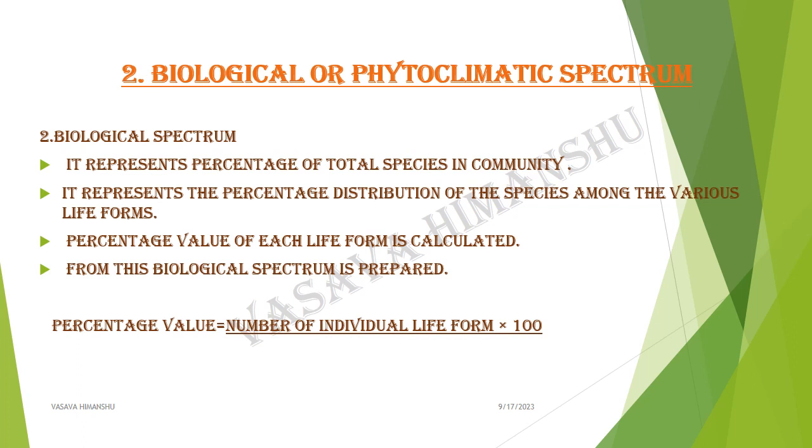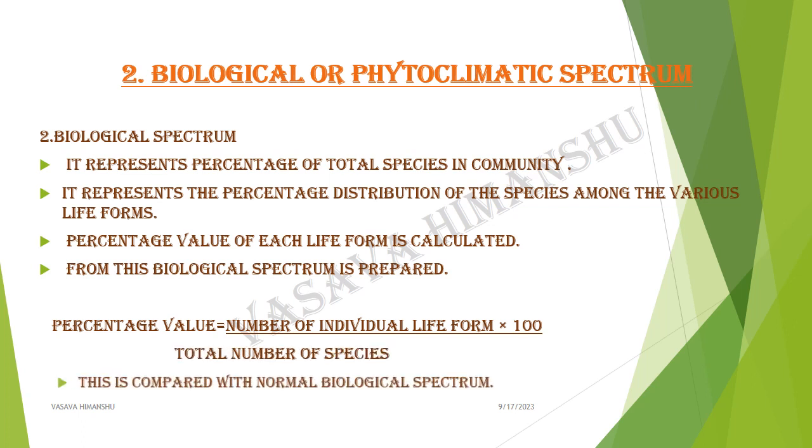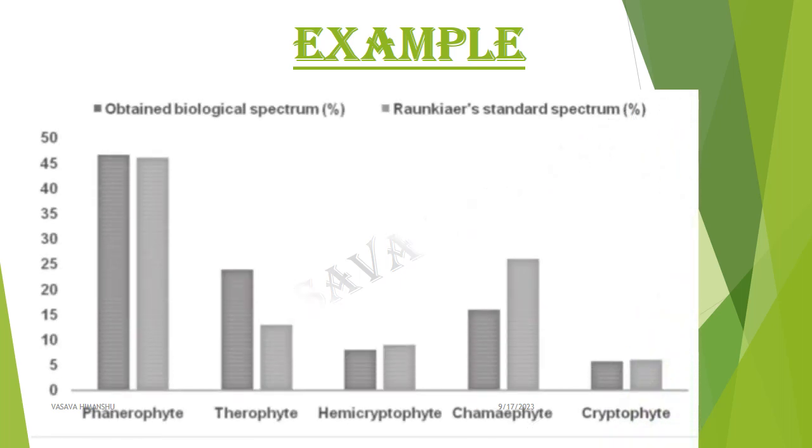Percentage value is the number of individual life forms multiplied by 100 and divided by the total number of species. This is compared with the normal biological spectrum. For example, you can see a chart on your computer screen.